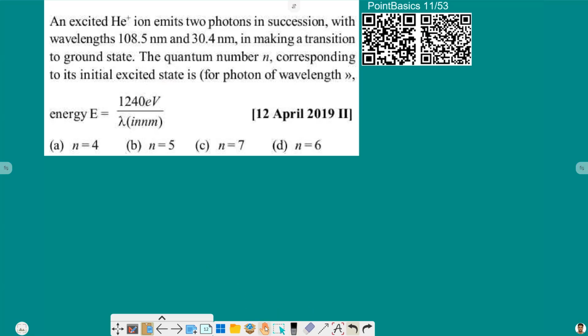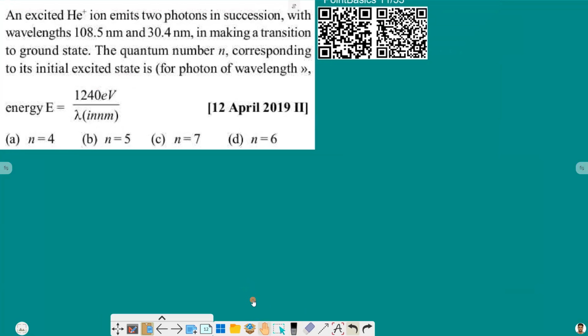Now, as we know that when an electron makes a transition, it emits photons, and those photons have energy equal to the gap between those two levels. So here we have two photons with wavelengths. From that, we can find out the energy with which they are emitted.